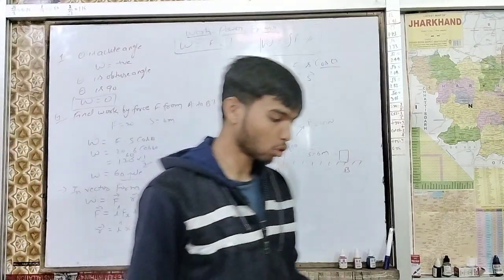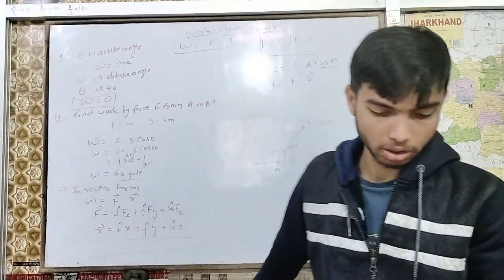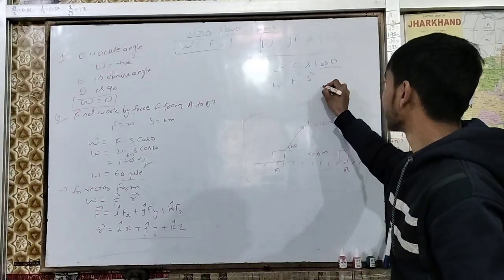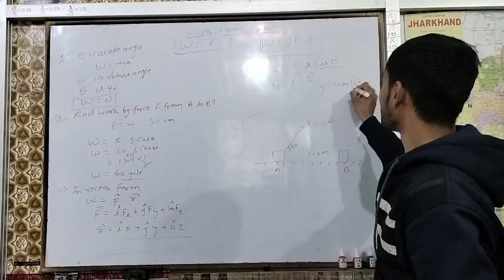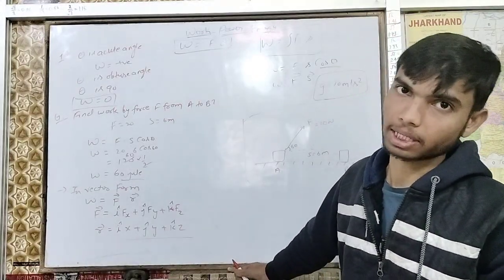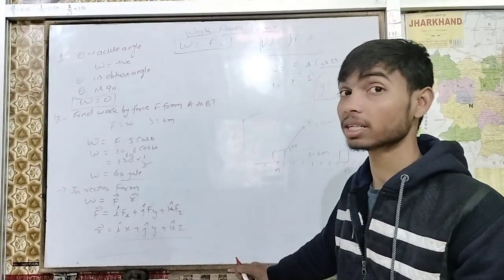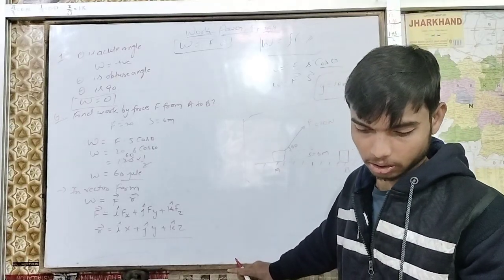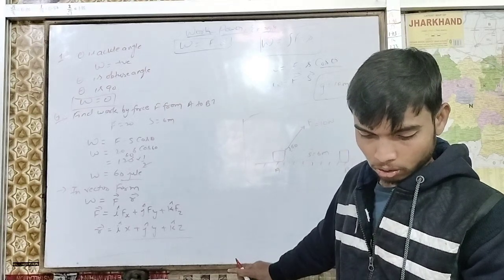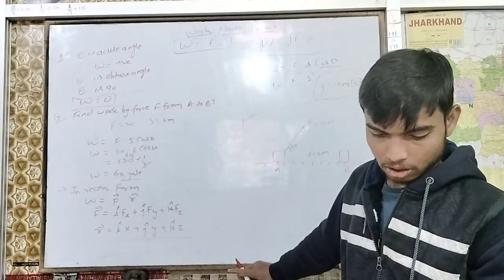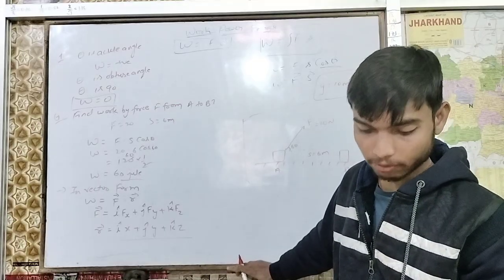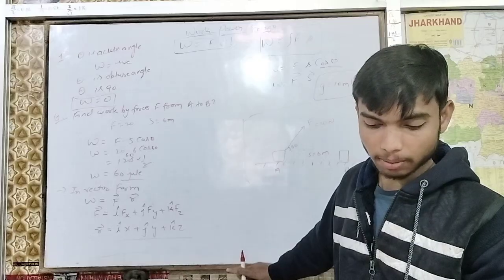Note the force of gravity. It's gravitational force. The force of gravity is an example of a constant force. You know, a is equal to 10 meter per second squared. This is an example of a constant force. Here we always take 10 meter per second squared until and unless the question mentions otherwise. So work done by gravity is an example of work done by a constant force.